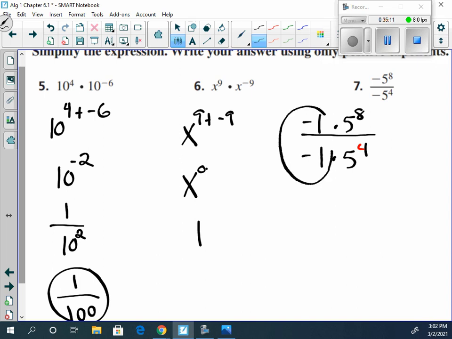So this negative 1 and negative 1 would simplify to 5 to the 8th over 5 to the 4th. So the negatives would simplify because they're not in parentheses, they're not being put to a power. So it would be different.